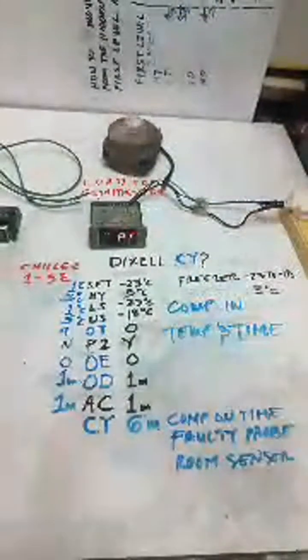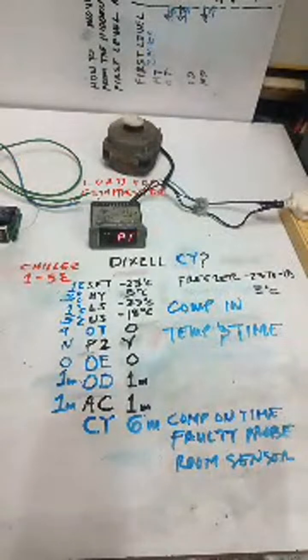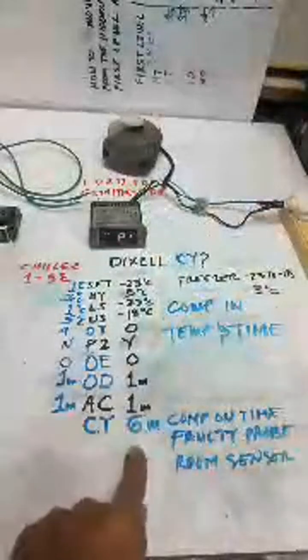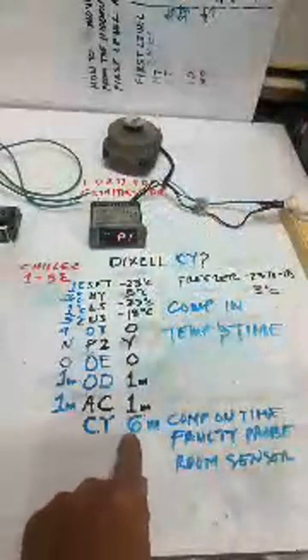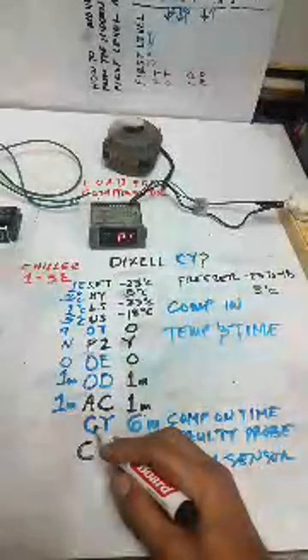Okay, so if ever it happens at night time, don't worry. The manufacturer set that to 15 minutes. Therefore, the compressor will operate within that, that is the CY, and the cutoff for that is CN.